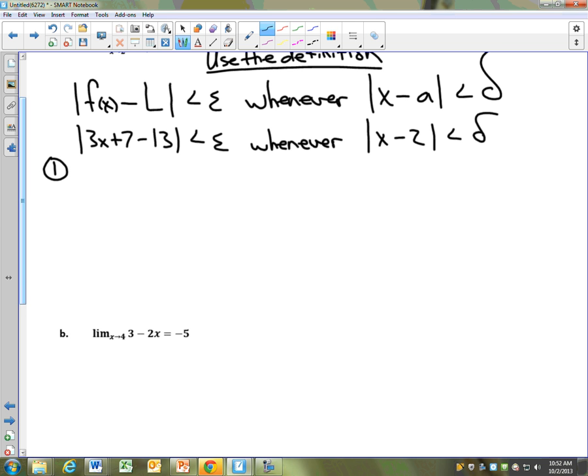So given an epsilon, you need to find a delta. That's our current situation. We need to choose an appropriate delta. How do we do that?